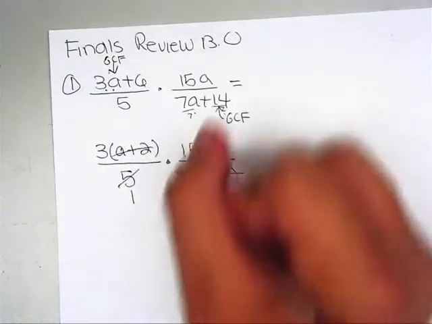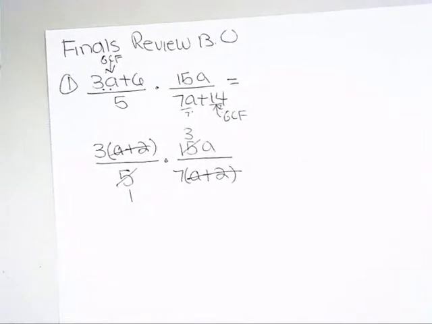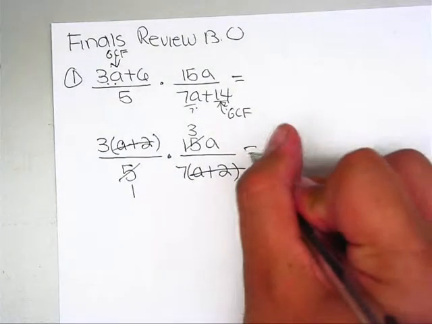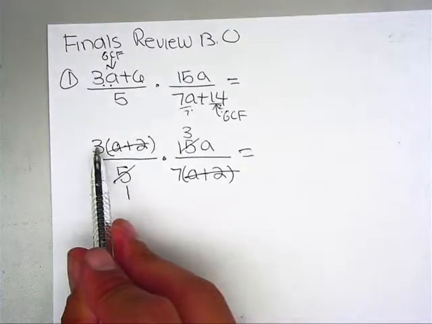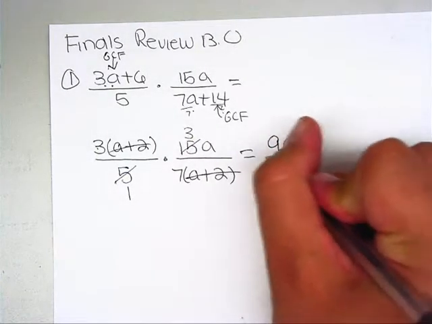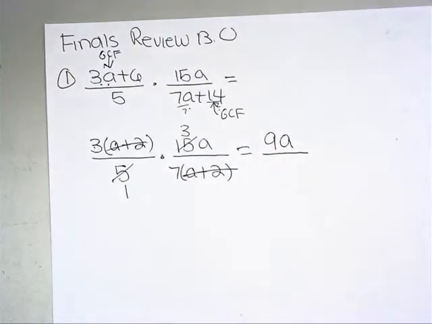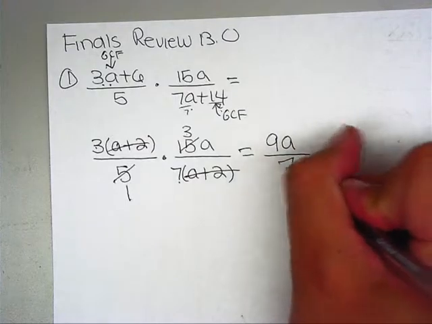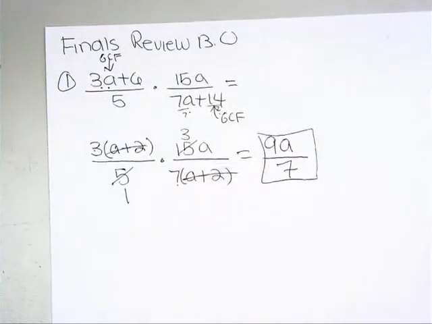There's 1 5 and 5, and 3 5s and 15. So my answer, multiplying across the top, is 3 times 3 times a is 9a. On bottom I have 1 multiplied by 7 is 7, and there's our answer.